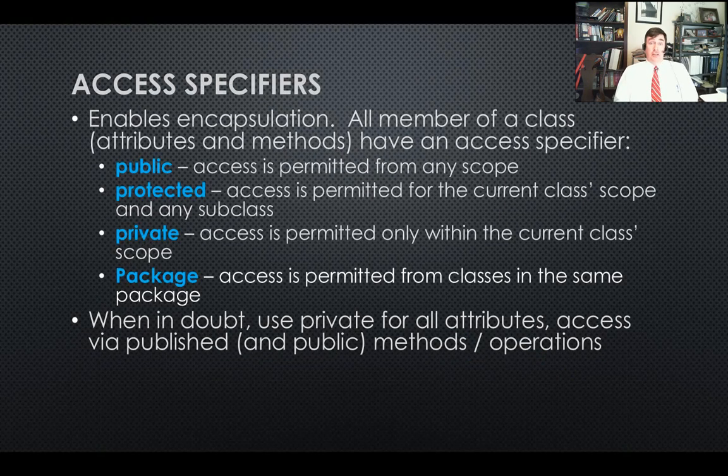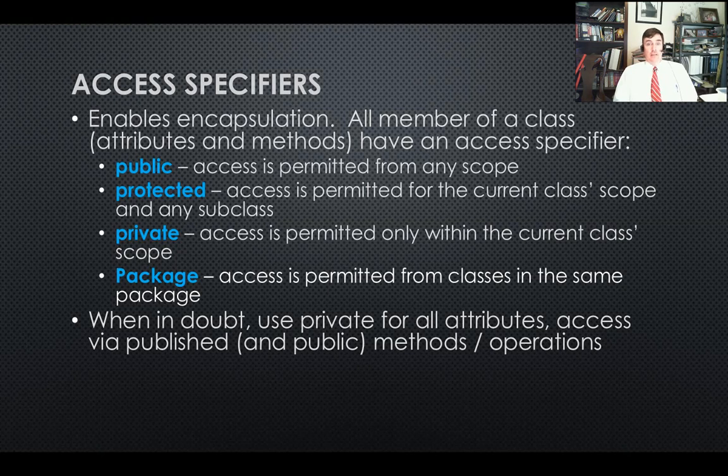Access specifiers. I touched on this last module when we were talking about encapsulation. Encapsulation is information hiding. What is information? That's the state. Those are the attributes. How do we hide an attribute? We have to give it an access specifier that tells the compiler what blocks of code are allowed to access your attribute.